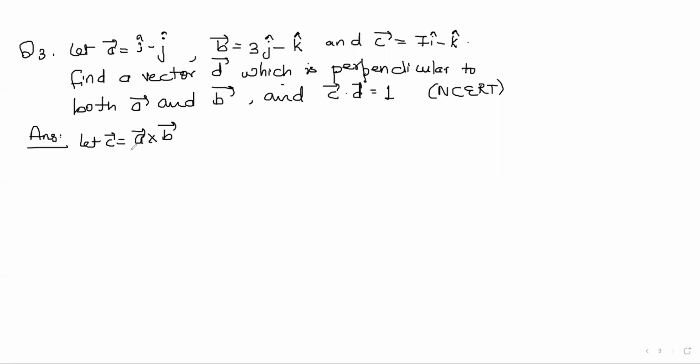Yes, sir. We know this by the property of the cross product, but we can't say that C is the vector D. C is a vector which is perpendicular to both A and B, and we are saying that D is also perpendicular to both A and B. So let this be A, this be B.